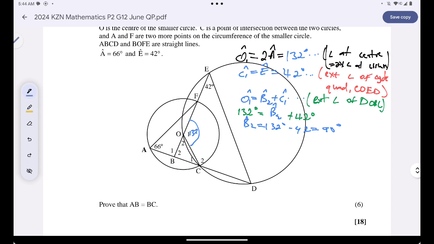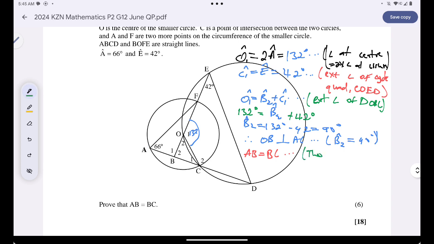So if B2 is equal to 90 degrees, I can therefore conclude that OB is perpendicular to AC. Why? Because angle B2 is 90 degrees. Are you together? So if I've proven that B2 is 90 degrees, I can conclude that AB is equal to BC. Why? I'll just write the theorem.